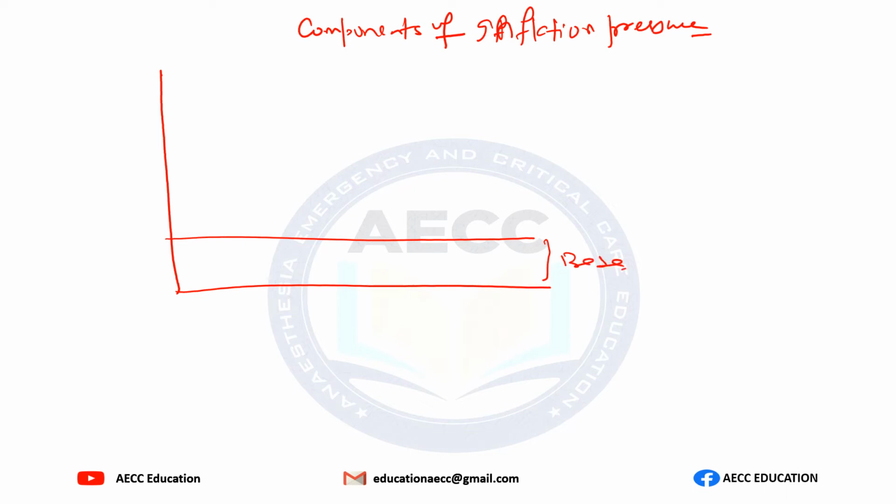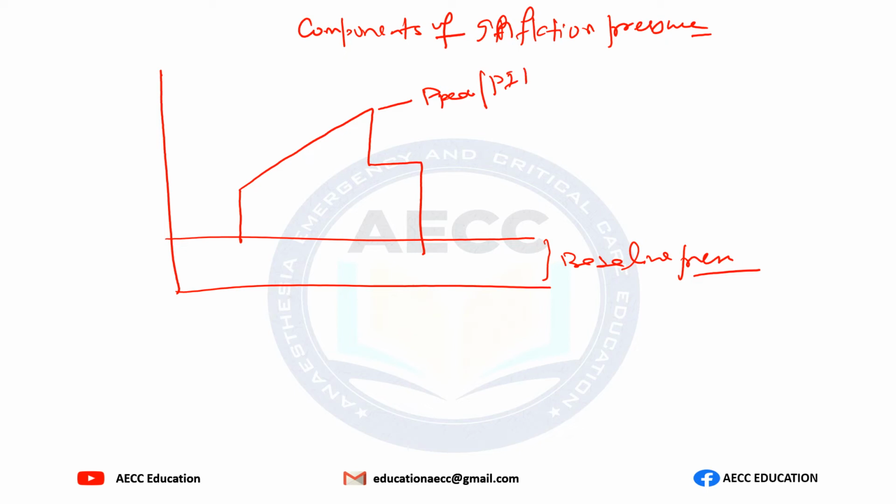Baseline pressure, this is the peak pressure or peak inspiratory pressure. This one is the plateau pressure or alveolar pressure.